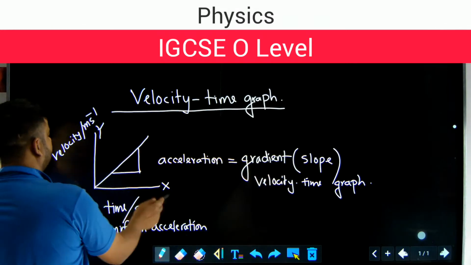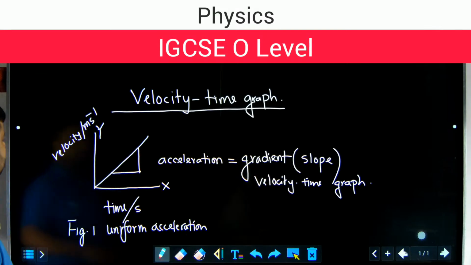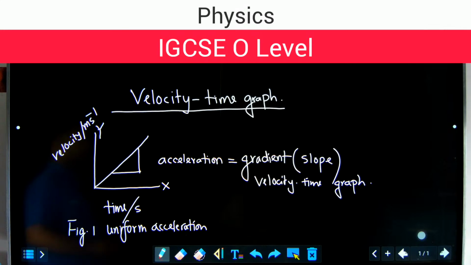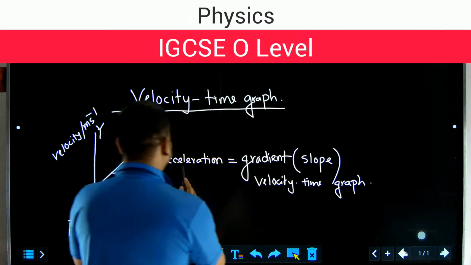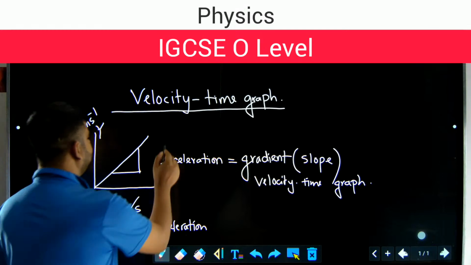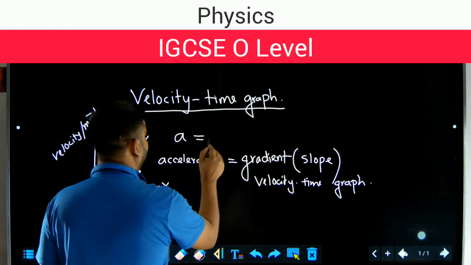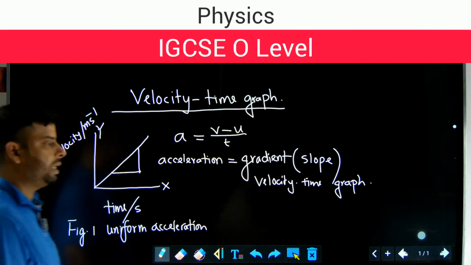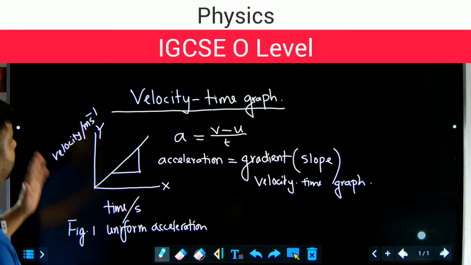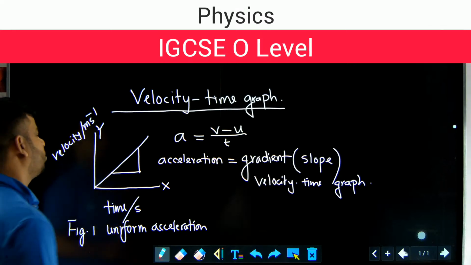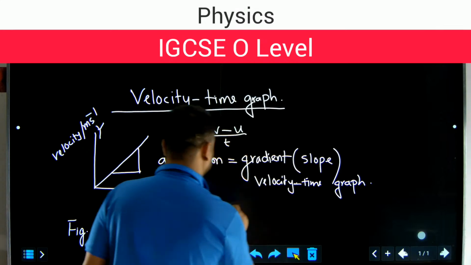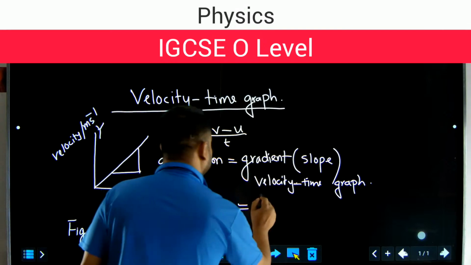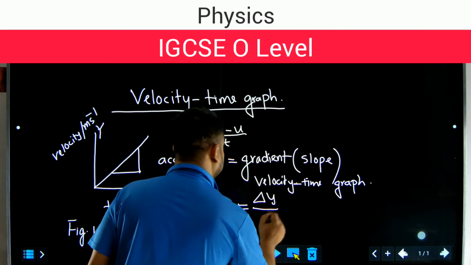So if the velocity time graph is a straight line, then it shows the object moves with uniform acceleration or constant acceleration. And we can calculate acceleration. We know acceleration a equals final velocity minus initial velocity divided by time. So acceleration equals the gradient or slope of the velocity time graph. How can we calculate slope? Slope equals change in y-axis divided by change in x-axis.